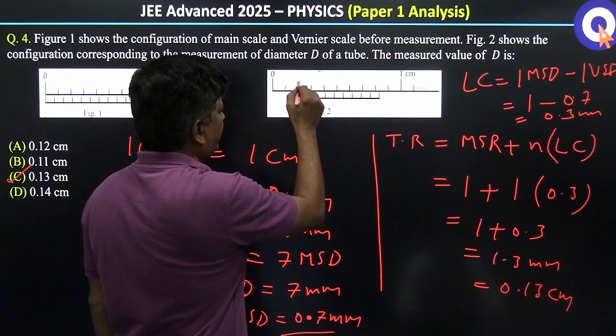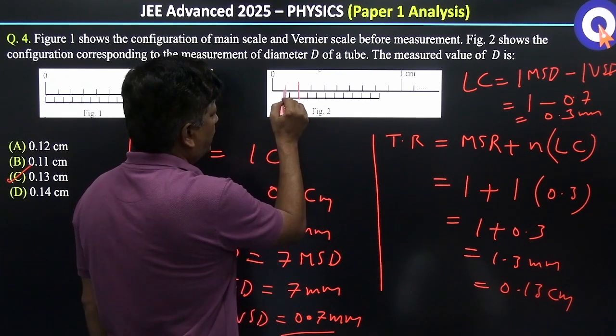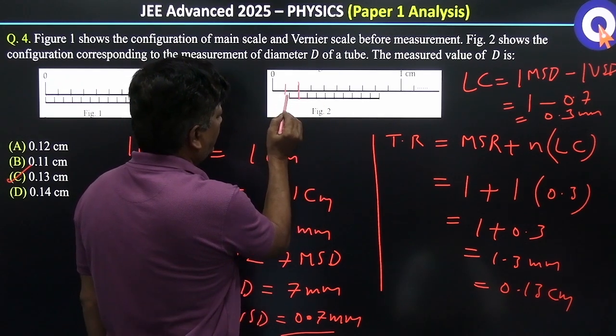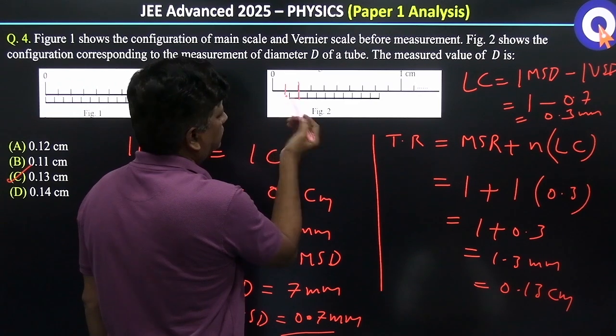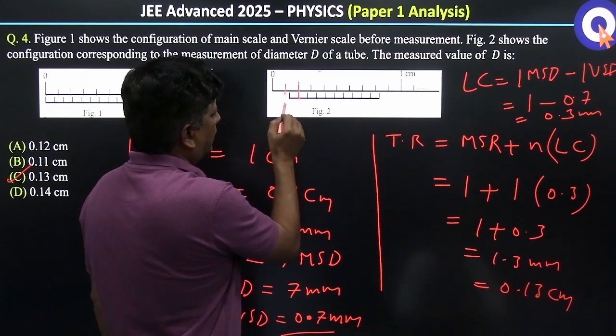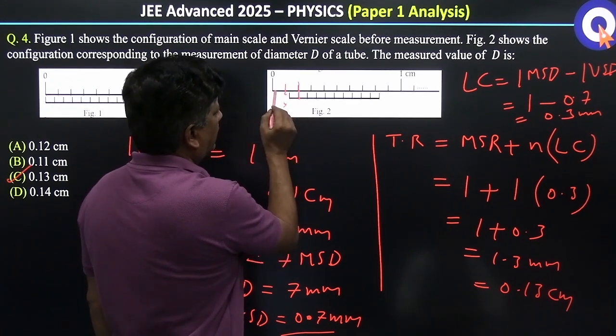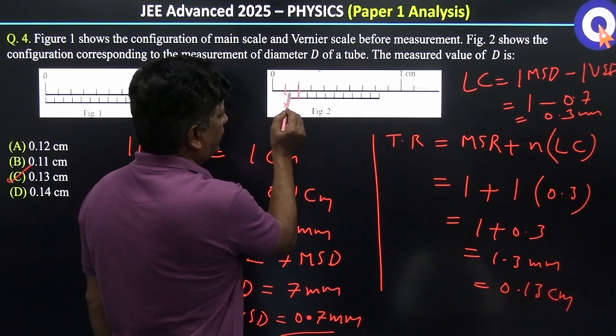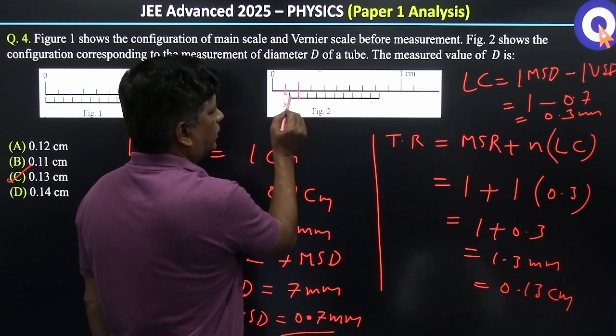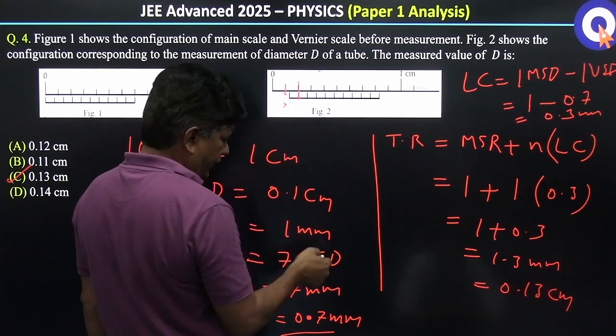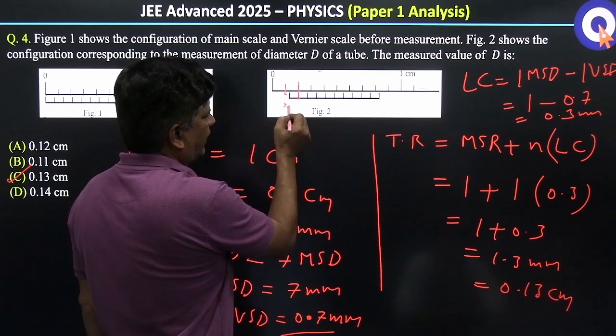Up to here it is 1 millimeter, and this remaining portion, if you take it as some y, then 1 plus the remaining portion is nothing but this whole thing, that is 1 millimeter minus 0.7, it will be 0.3. So the y value will be 0.3.